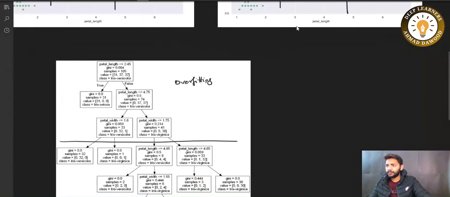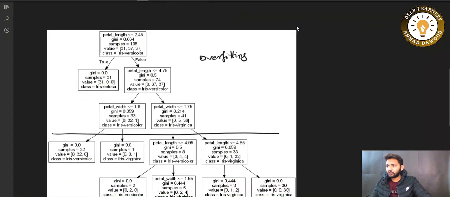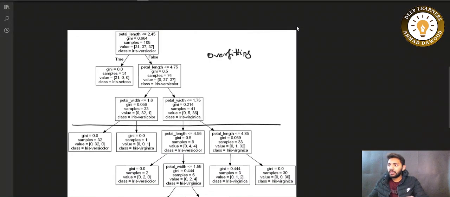Here you can see the decision tree. At this particular stage, 36 points belong to virginica, and just 5 points belong to the versicolor class.